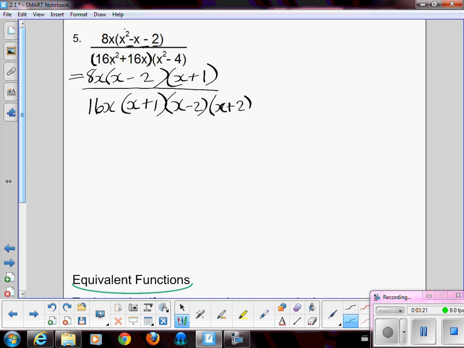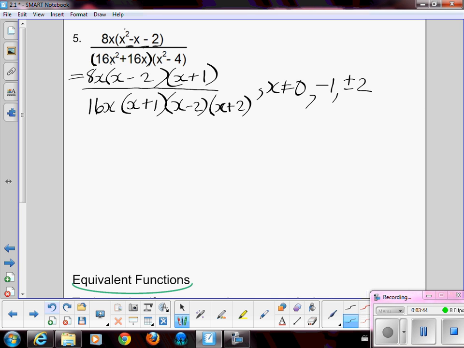And now I can state my restrictions. X cannot equal, now we have quite a few here, so if we start with the first one, it's 0. The next factor, so a negative 1, and a plus or minus 2. Okay, so sometimes you can have quite a list of restrictions.